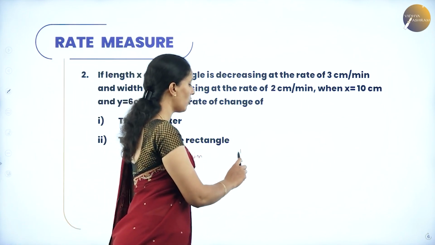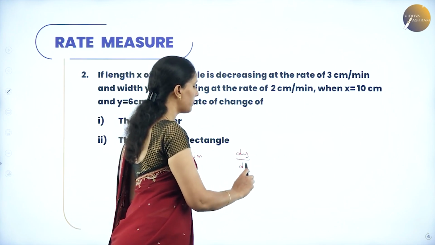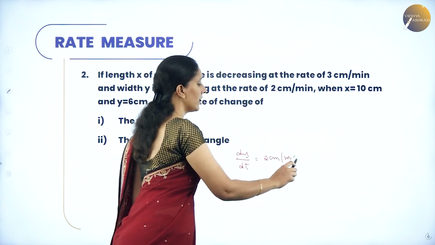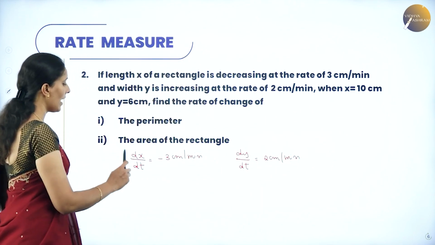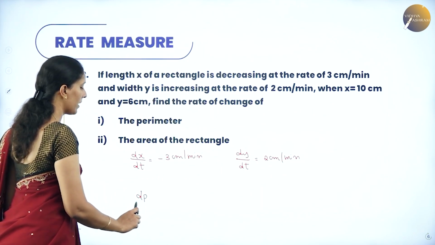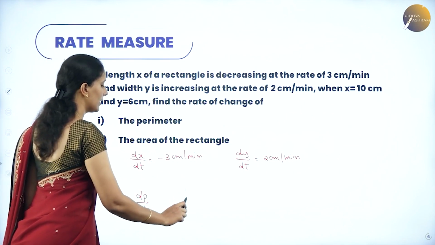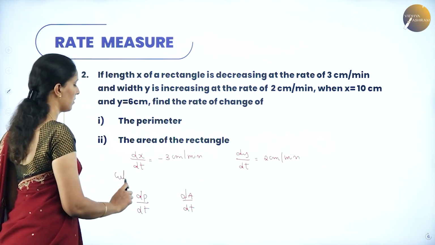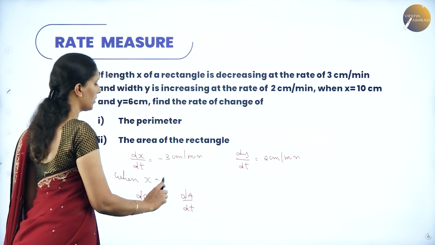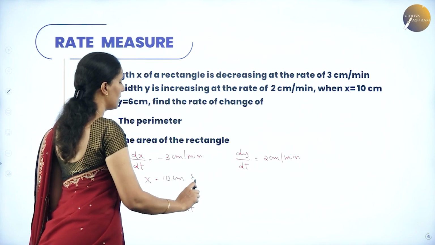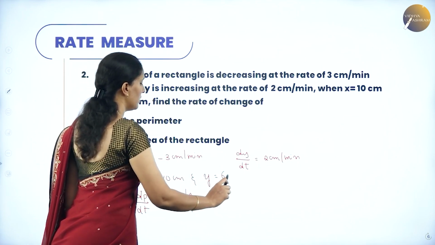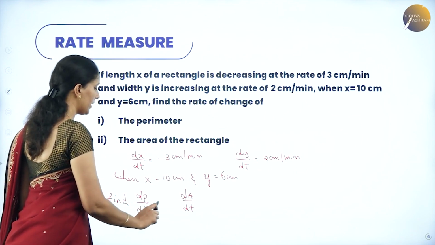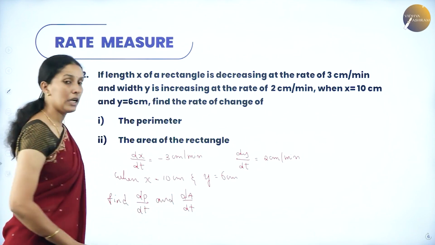Next, rate of change of width with respect to time is 2 centimeter per minute, because it is increasing. Next we have to calculate dp by dt as well as dA by dt when x is equal to 10 centimeter and y is equal to 6 centimeter.